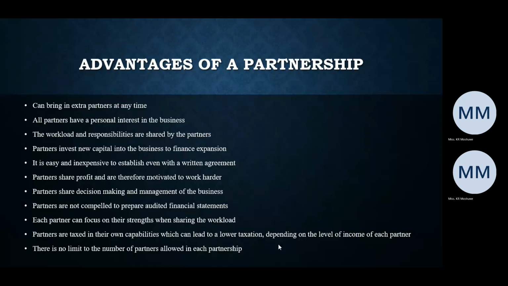At the same time, tax is also going to be limited to how much you earn. So if you earn 10,000 Rand each month, and one partner earns 5,000 Rand each month, then the partner that earns 10,000 Rand will obviously be paying a higher tax amount than the other partner.